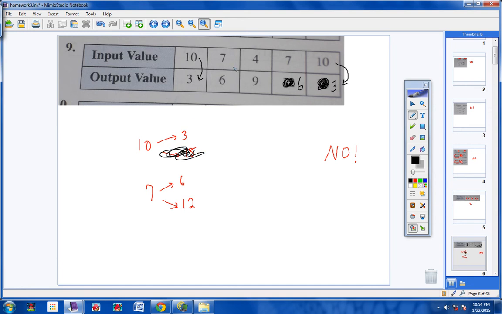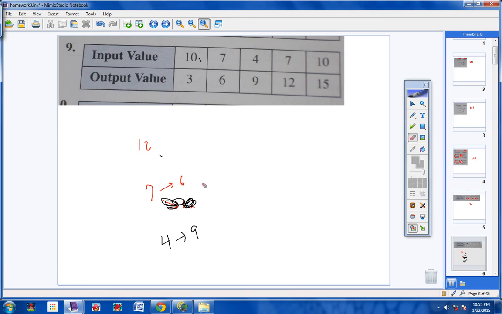That's one output. 7 gave you out 6. So 7 only has one output, 6. And 4 only has one output, 9. So in that case, yes, you would have a function. But back to the original problem. No, this table of values does not represent a function.